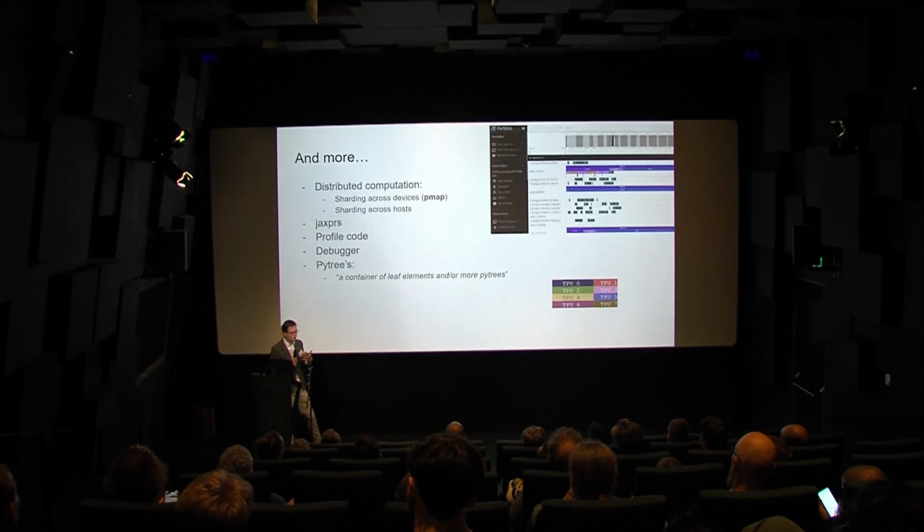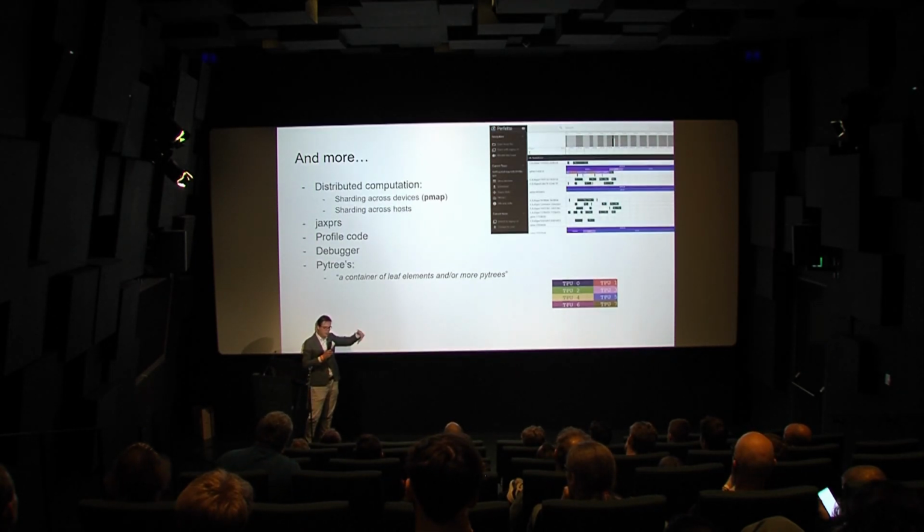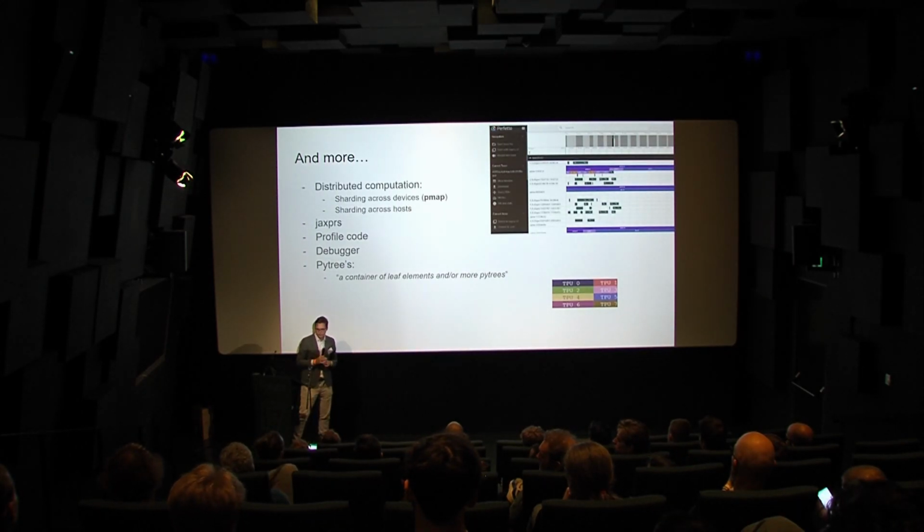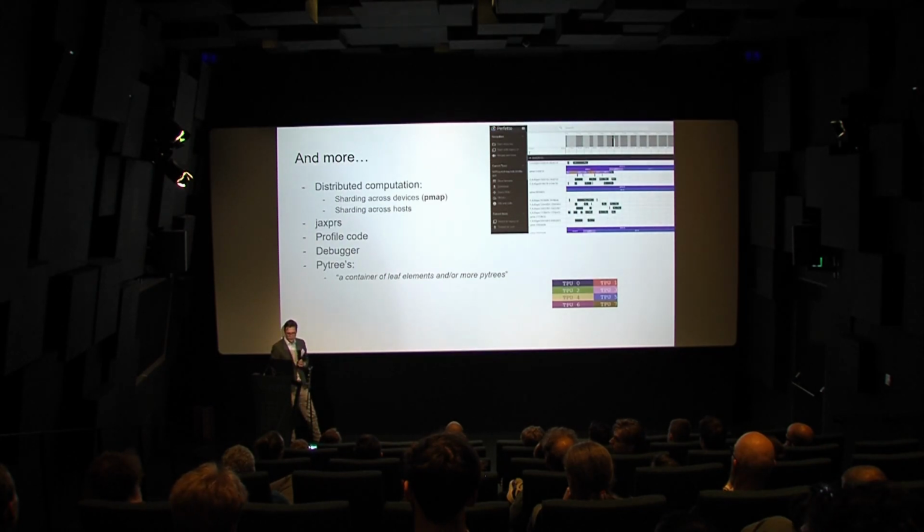And this is very natural if you have nested structures like neural networks, which also have this tree structure where there are different dimensions as you go on. And pytrees allow you very naturally to map also over the first axis in this tree.